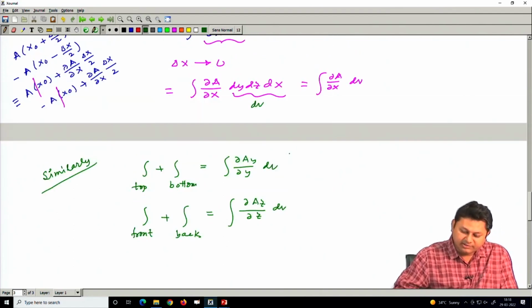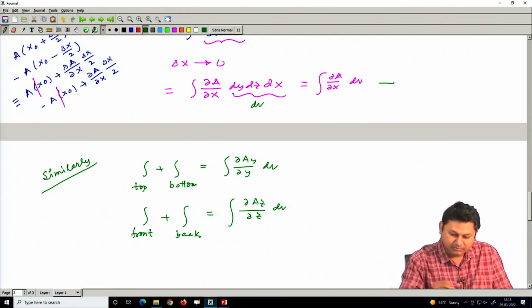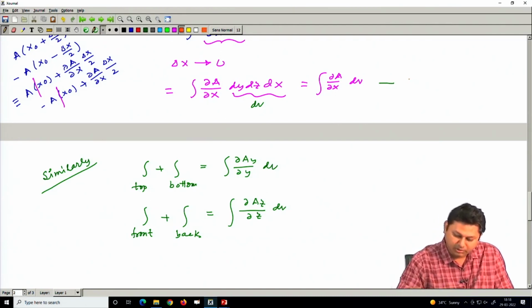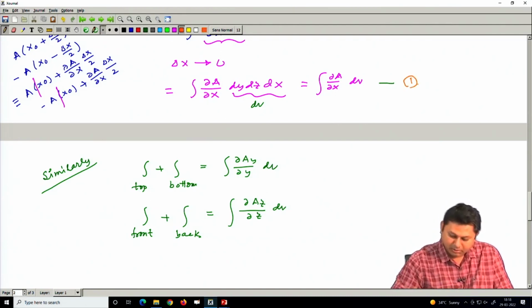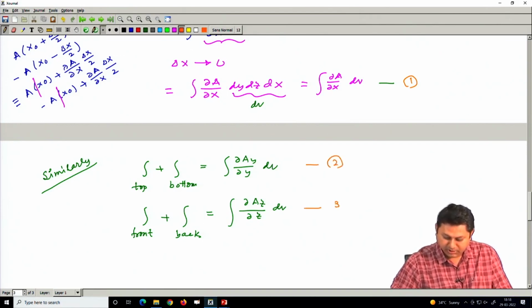If I add all these three, this is my equation 1, this is equation 2, and this is equation 3.